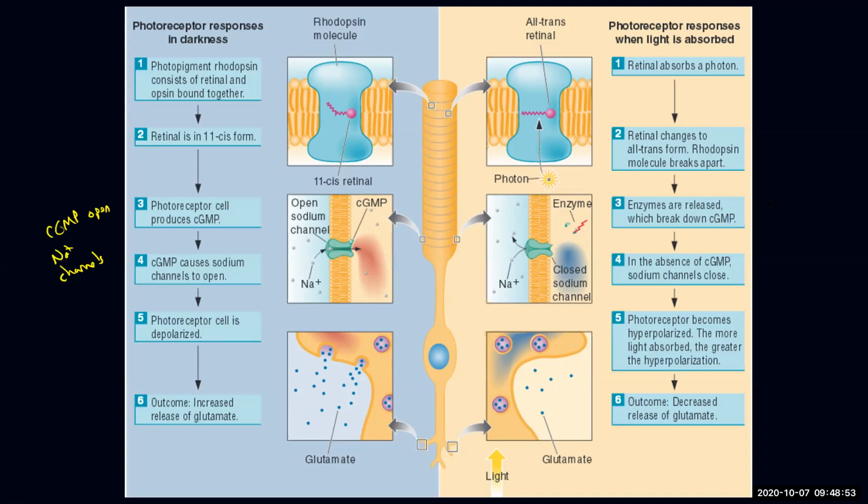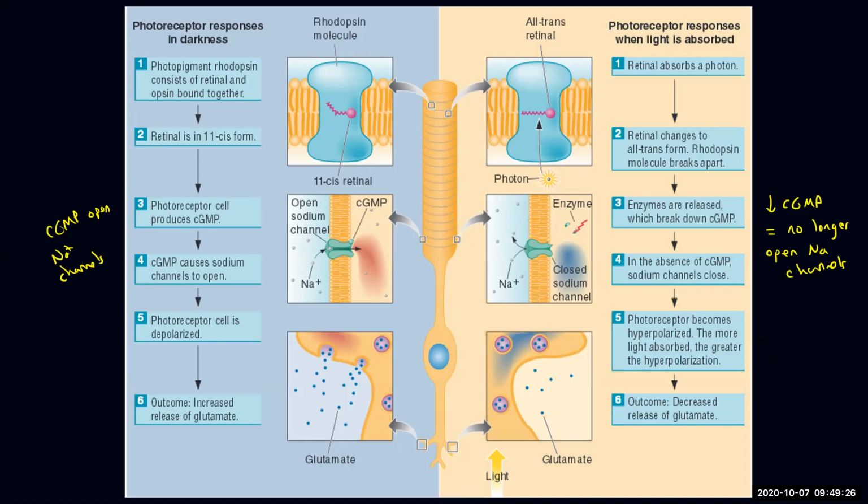If we break down cyclic GMP, we no longer hold the channels open, so they close. When that influx of sodium is prevented, the photoreceptor becomes hyperpolarized. That means less glutamate is released.